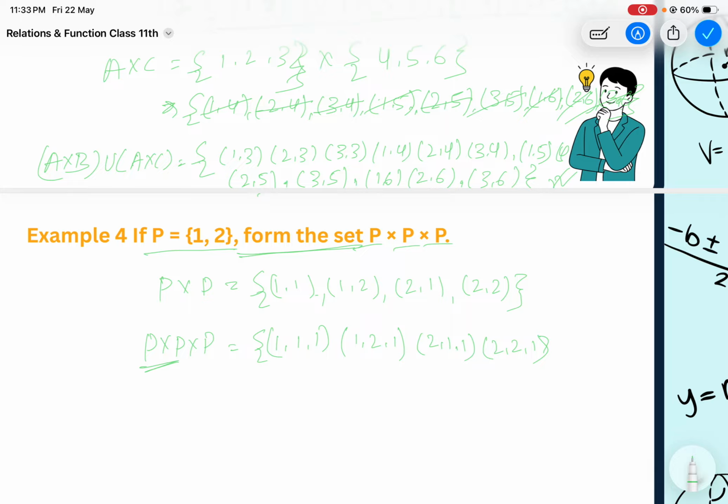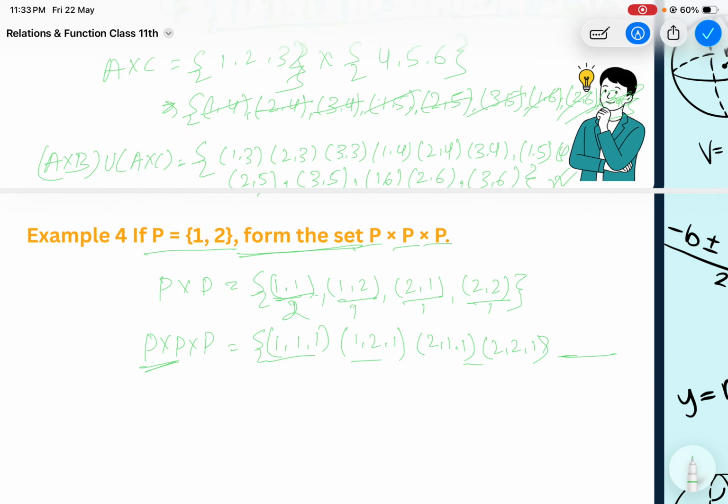Here we don't have much space, so we will write below this. Now we have written 1 1 1, we have paired with 1, and this is completed for all.